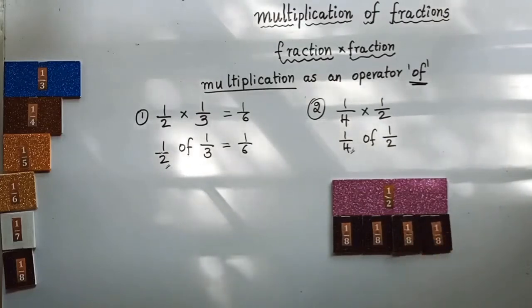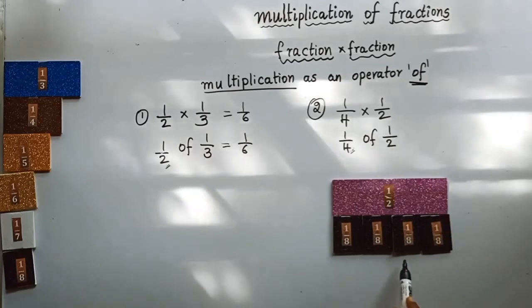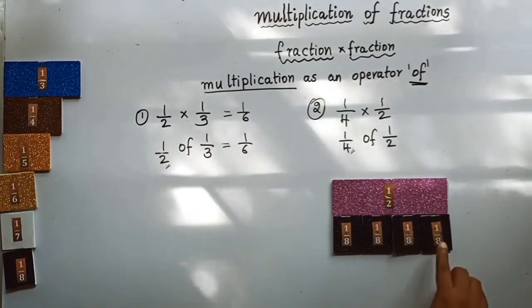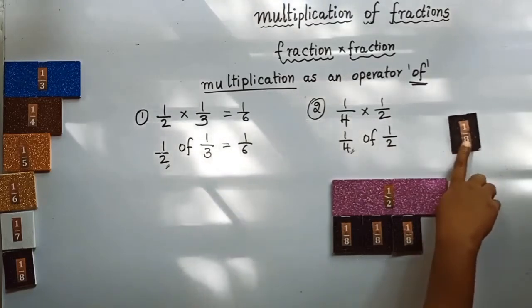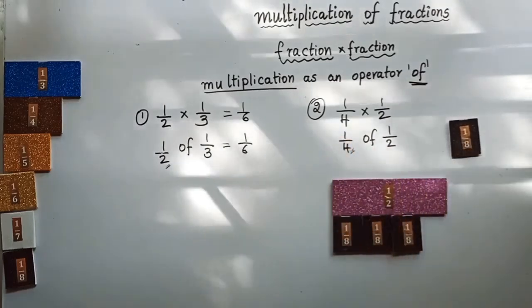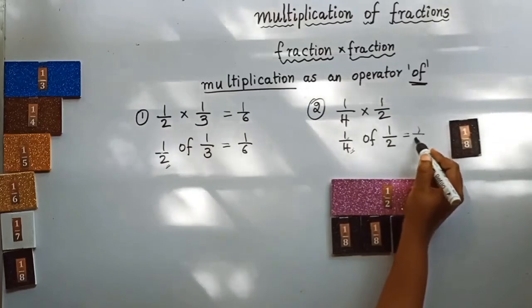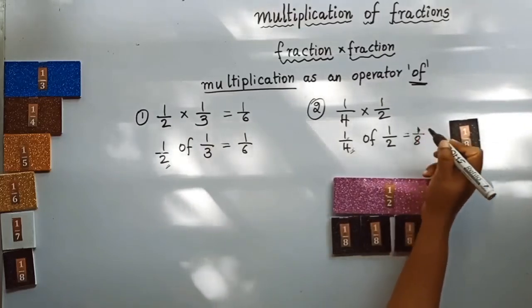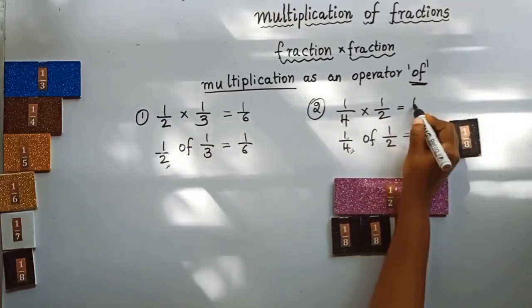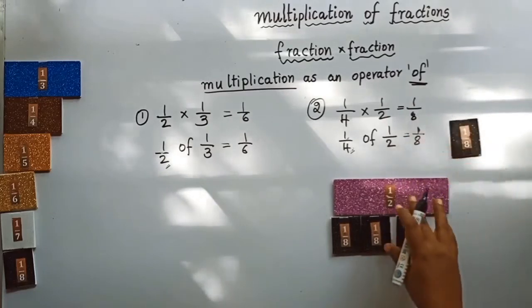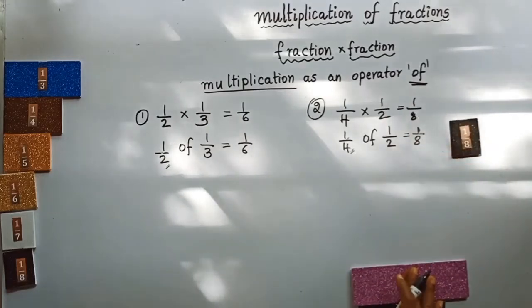Then we have to take 1 part, because numerator is 1. 1 by 4 of half means divide half into 4 parts, then take 1 part, that is 1 by 8. So 1 by 4 into 1 by 2 is 1 by 8.